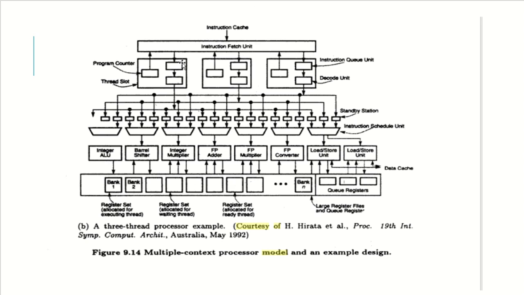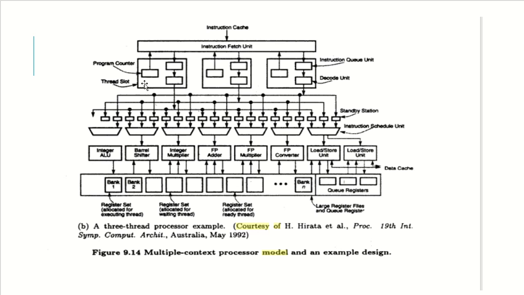Here you can see this whole rectangle corresponds to one single thread. How many threads are there? 3 threads, so you have to make 3 separate units: thread 1, thread 2, thread 3. Then you have an instruction fetch unit and an instruction cache. The instructions are taken from the instruction cache by the instruction fetch unit, and from that you will create threads.